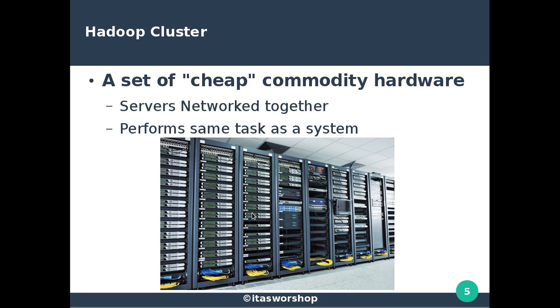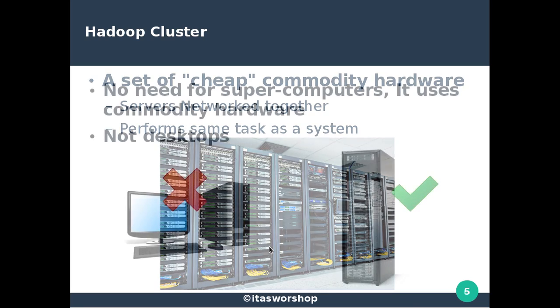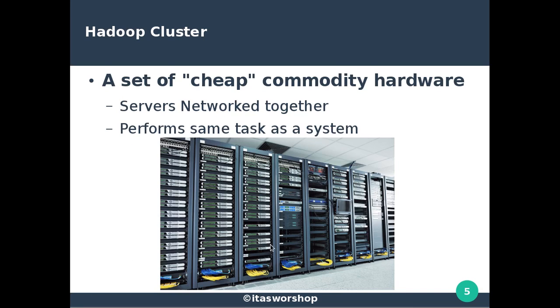And when we have similar types of servers performing the same task and we collect them together, like you can see in this picture, this is a data center. This is a rack, and on the rack different servers are put.